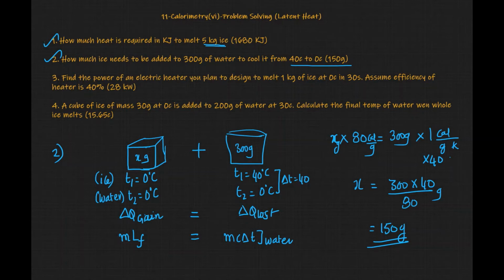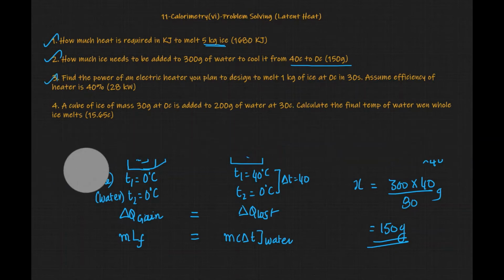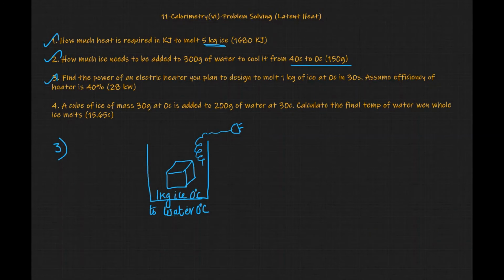I urge you to pause the video and try to draw your representation. So here is a representation. Here is a heater. So the first step is to find how much heat is required to convert 1 kg ice to water.